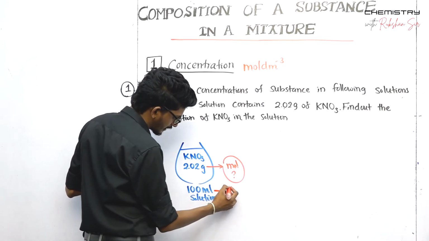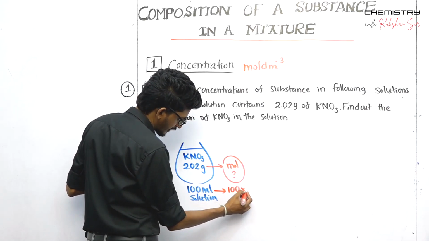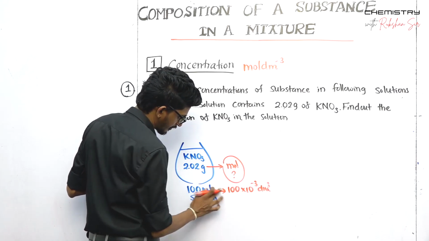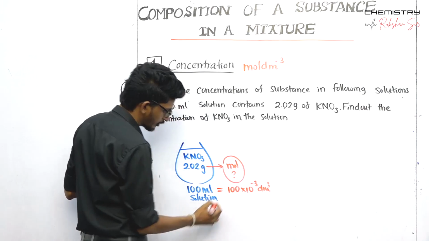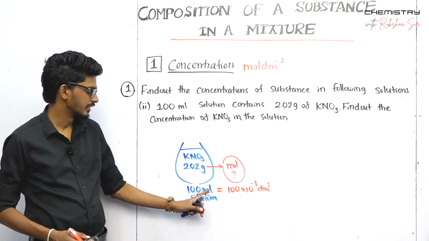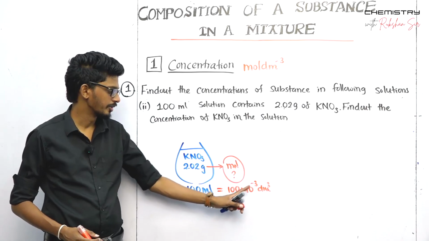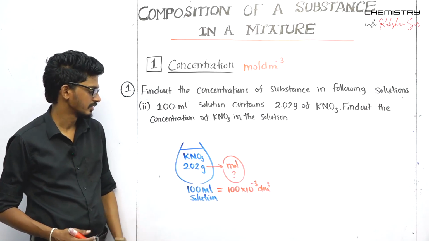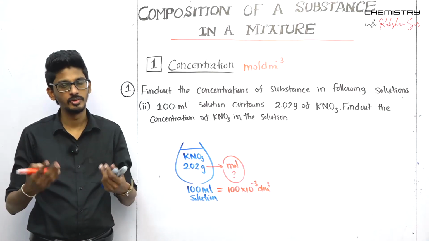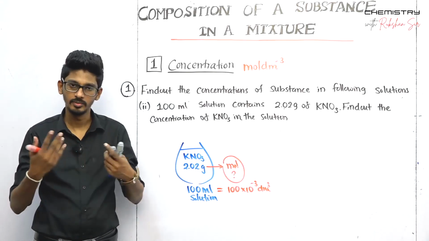That is going to be 100 times 10^-3 dm^3. It's very easy: x milliliters is equal to x times 10^-3 dm^3. Milliliters and centimeter cubes are both the same, and liters and decimeter cubes are both the same.